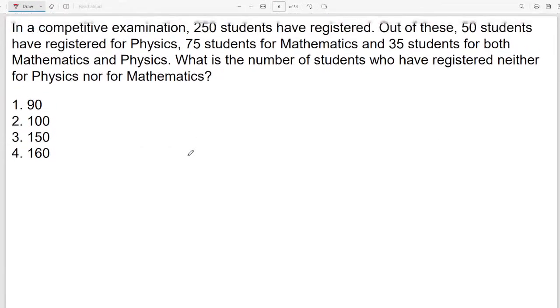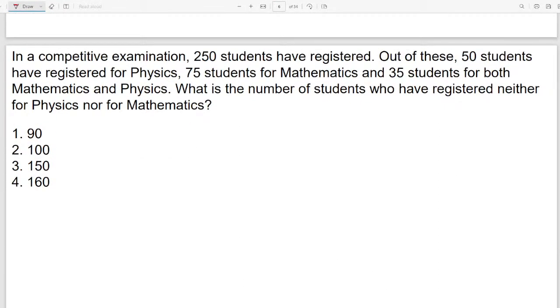For example, in this case, what they have said is, in a competitive examination, 250 students have registered. Out of this, 50 students have registered for physics, 75 students have registered for mathematics, and 35 students have registered for both maths and physics. What is the number of students who have registered neither for physics nor for maths?